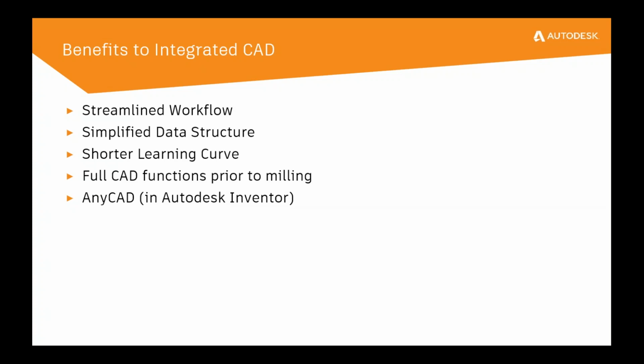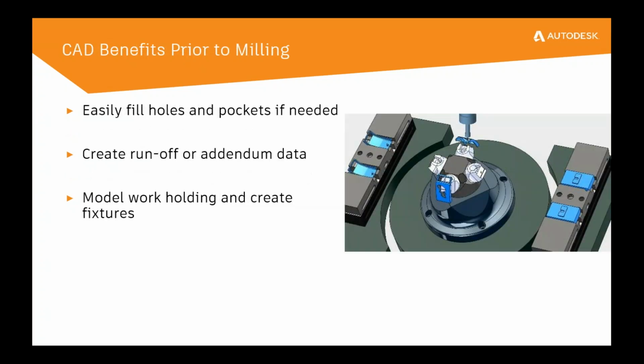We don't have to import their data. We just point to it and use it. And we'll kind of talk about that as we go through. So again, as I mentioned before, you can easily fill holes and pockets as needed, create runoffs or addendum data, add additional data to the part, or even model work holding and fixture devices that are going to hold your part.